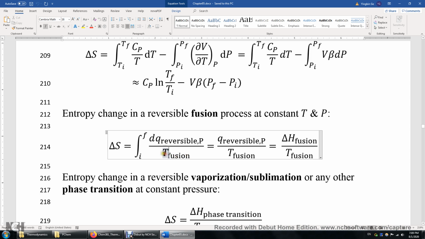So this is a constant actually. We take it out, we integrate dq, it's just q. And when we look at this, constant pressure tells us q is delta H. So the result is simple. The entropy change in a fusion process is simply delta H fusion over T fusion. This equation, you learn this in general chemistry.